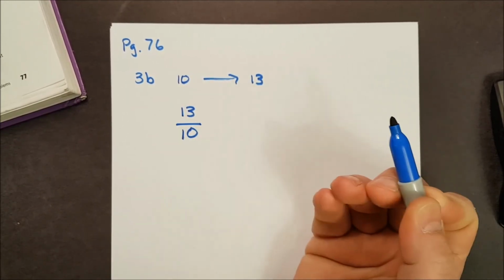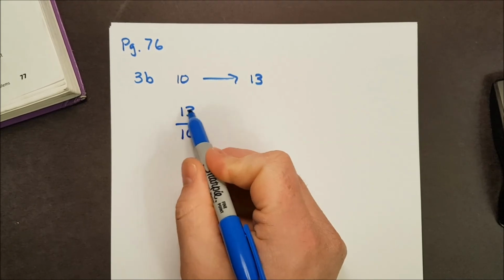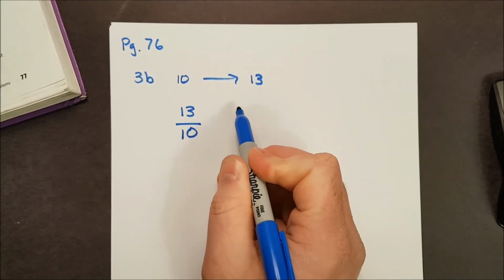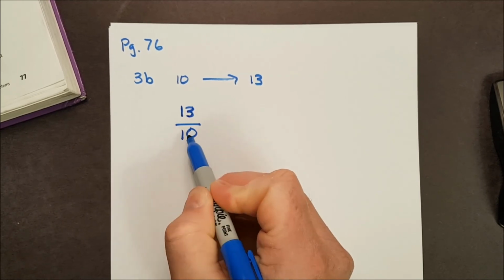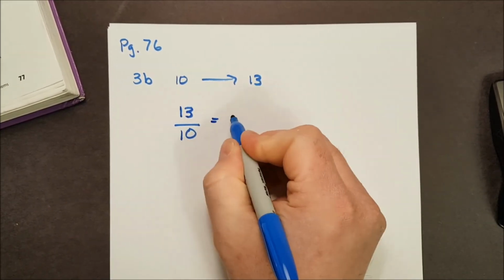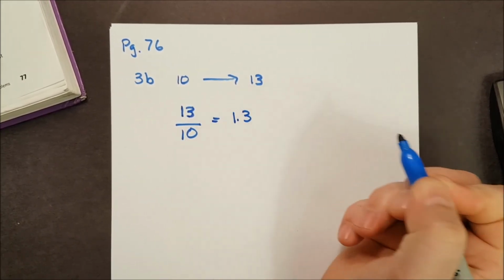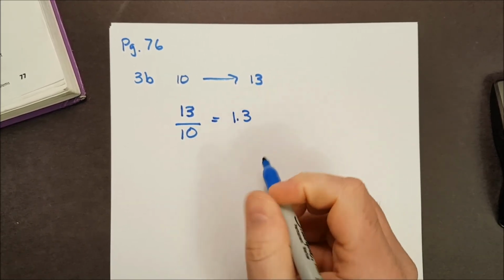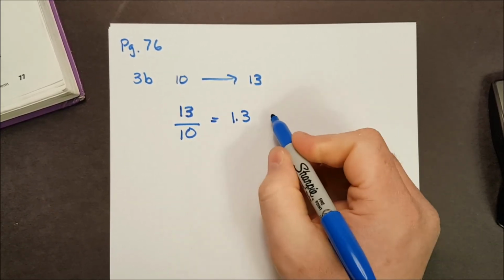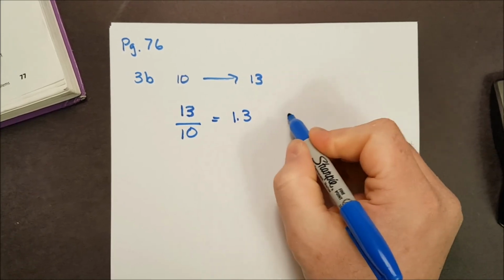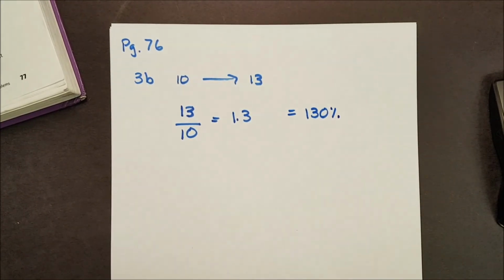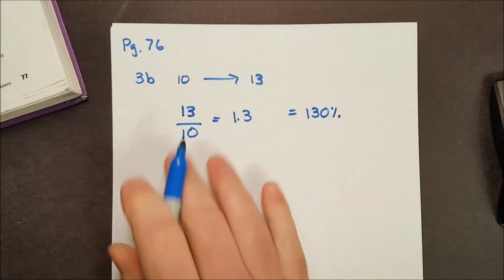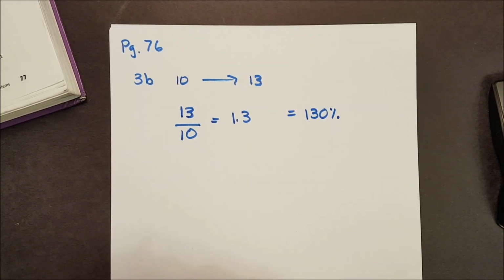You received over 100% on the test. If you received 10 out of 10 on the test, that would be 100%. But now you're 13 out of 10, which equals 1.3. And if we want to change that to a percent, we just multiply that by 100, which equals 130%. Okay, that's one way to think about it as well.